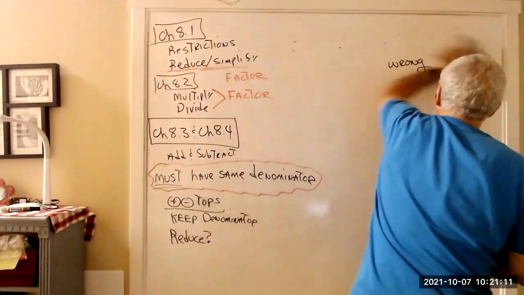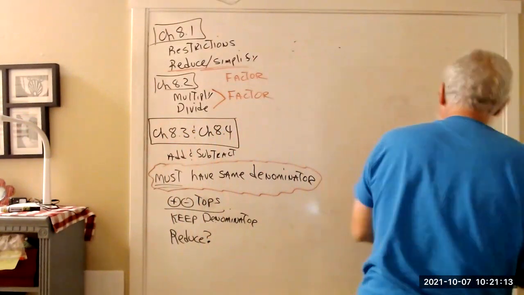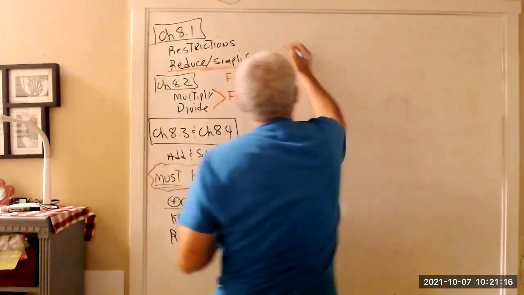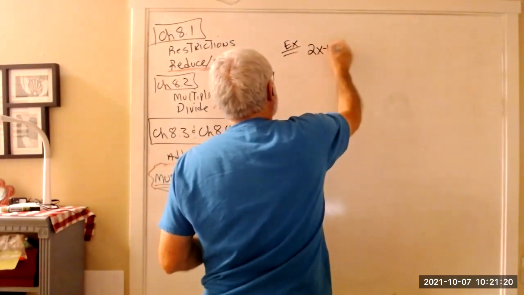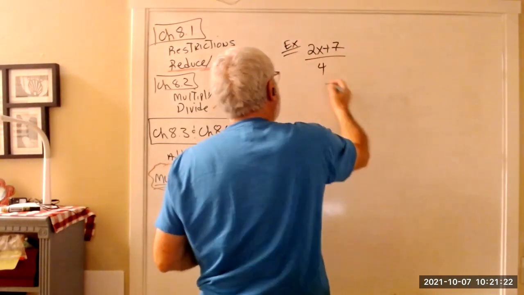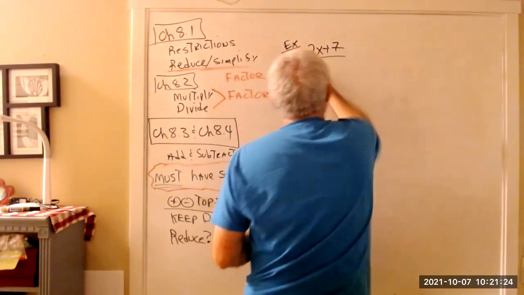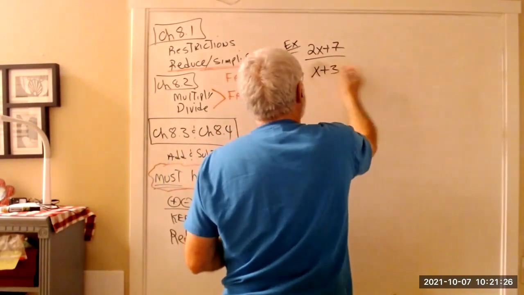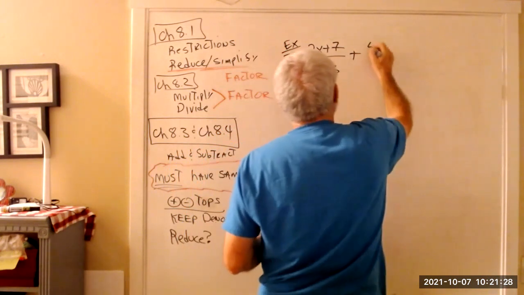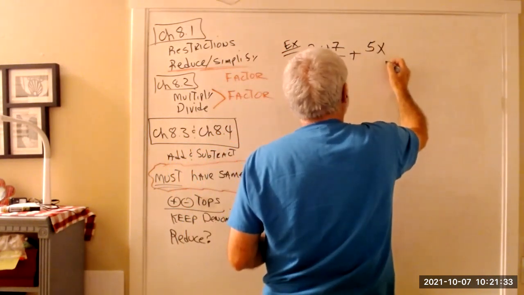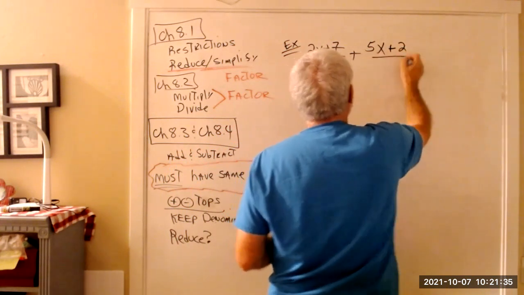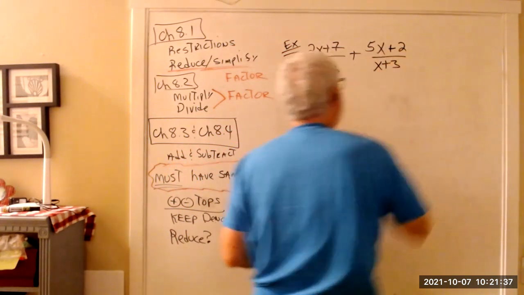So first example: 2x plus 7 over x plus 3, plus 5x plus 2 over x plus 3.